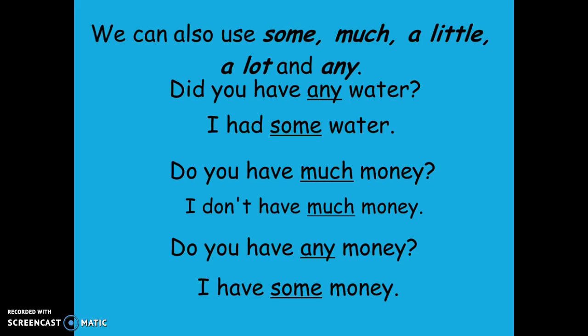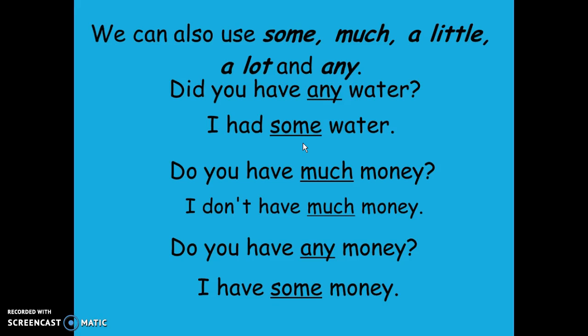Quantifiers are words like some, much, a lot, a little, or any. If someone asks, did you have any water? We can say, I had some water, I had a little water, or I had a lot of water. We are using quantifiers since we cannot say, I had 2 waters. If someone asks, do you have a lot of money?